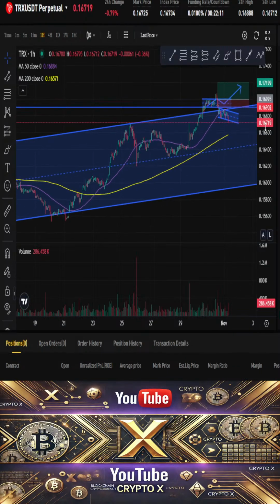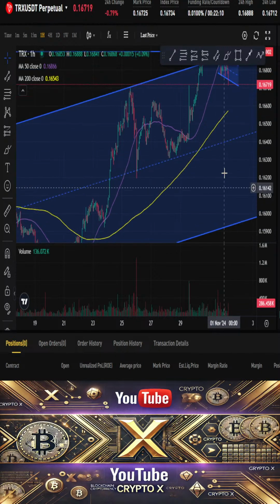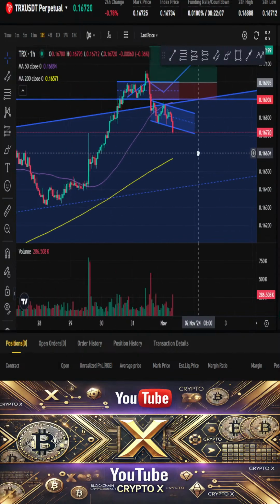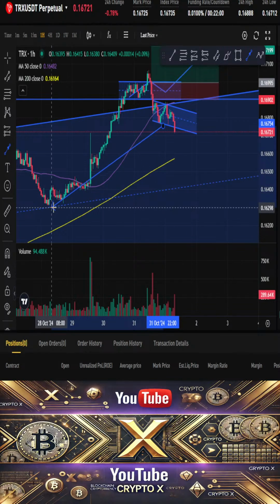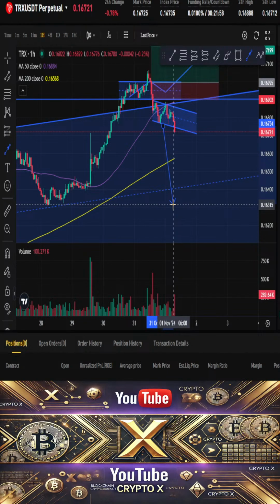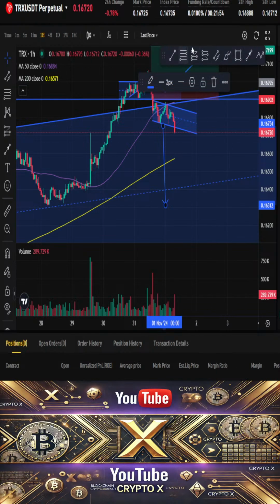If my target from this channel breakout after the candle closing will be around this much, can you please form a short position?